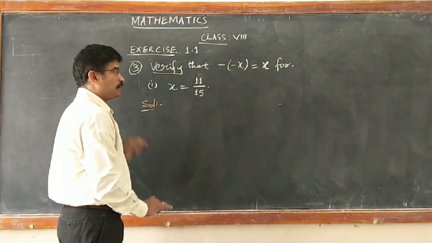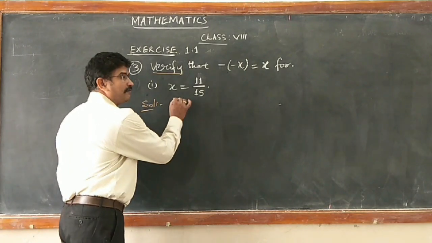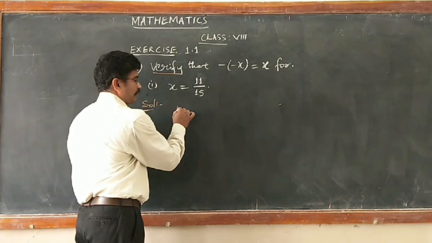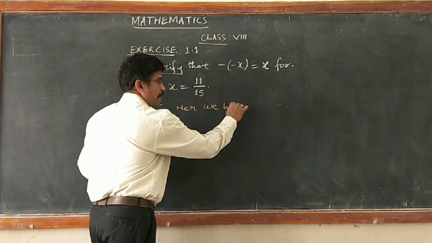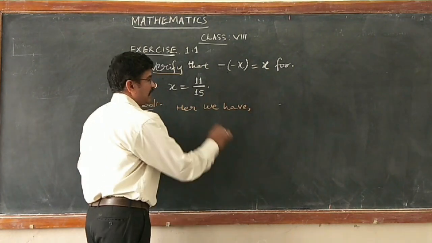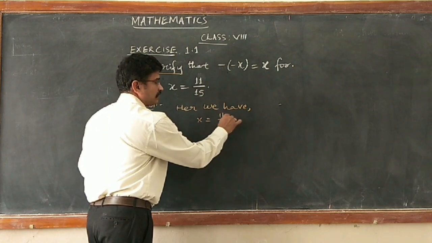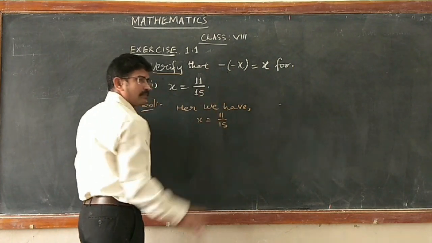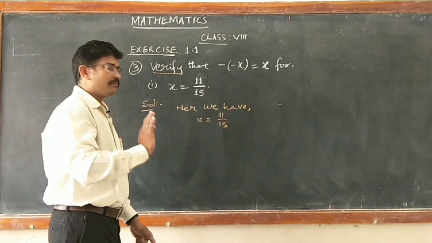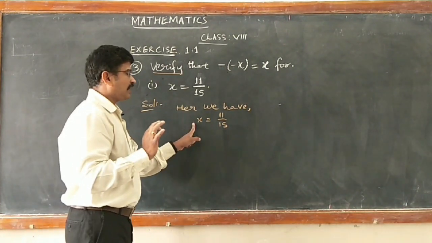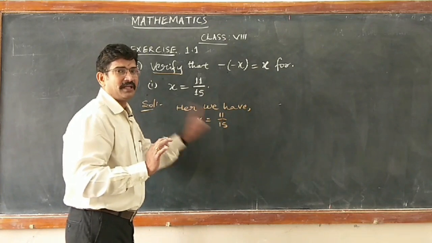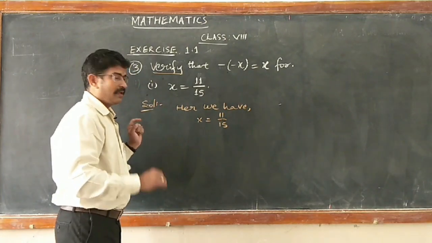So try to observe, here we have x equal to some rational number. It is positive or negative, it is irrespective for us. We are given 11 by 15 as x.